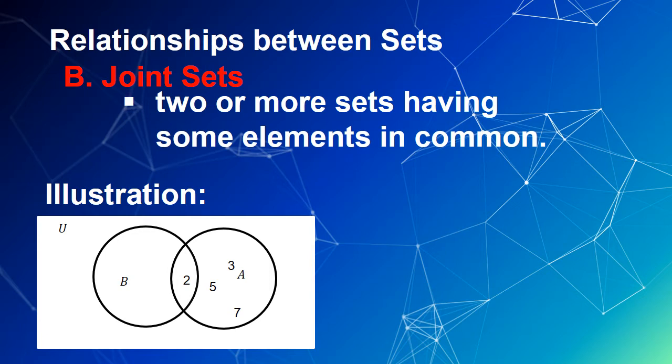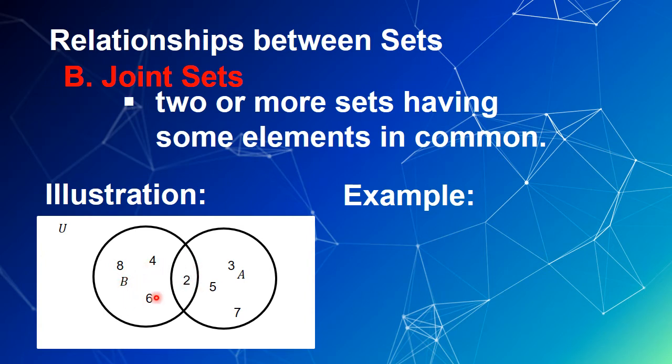Take note that 2 is present at the intersection of these two sets. Set B has 2, 4, 6, and 8. So 2 is present in the intersection, which means 2 is present in set A and is also present in set B.